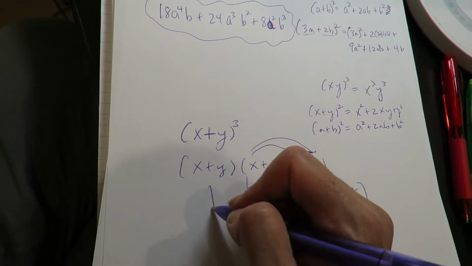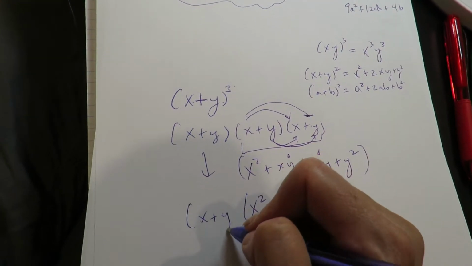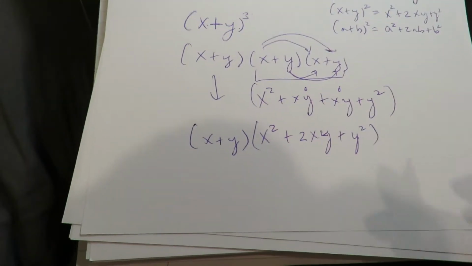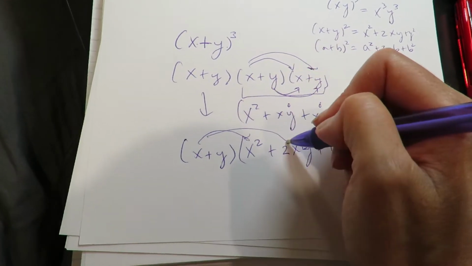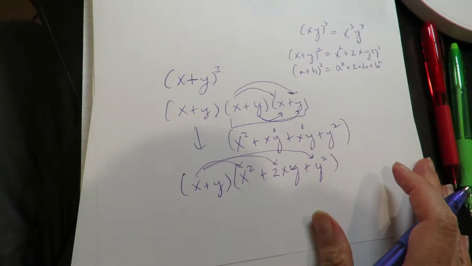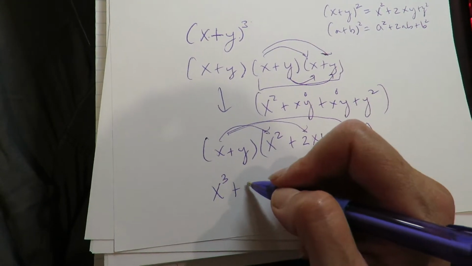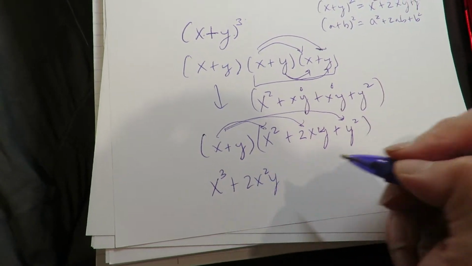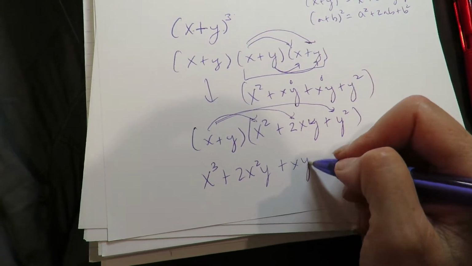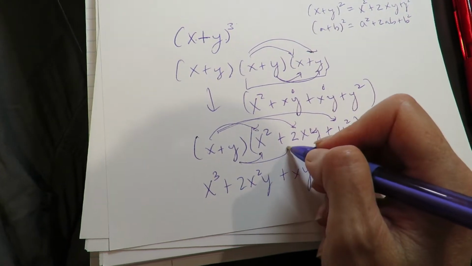Let's just bring down this x plus y. Now we'll put this last one in. And now we'll put the y in.